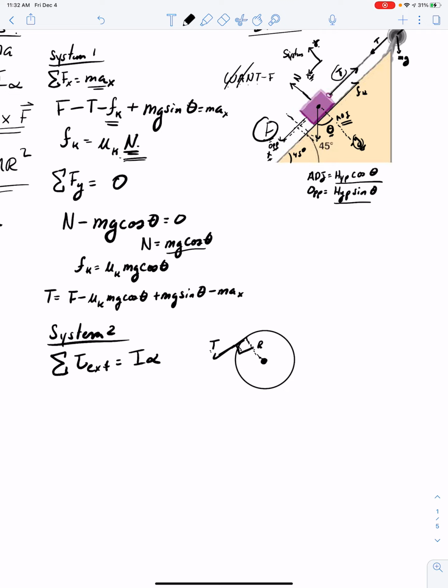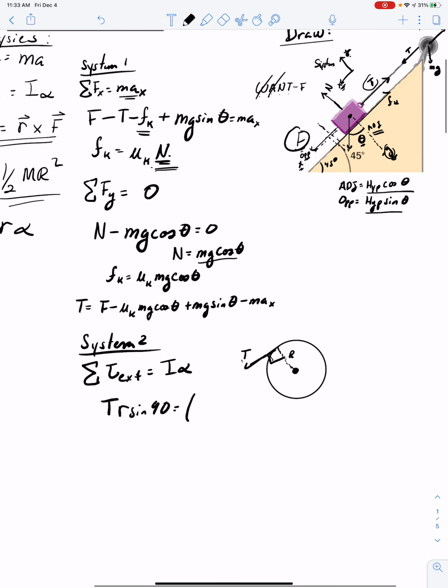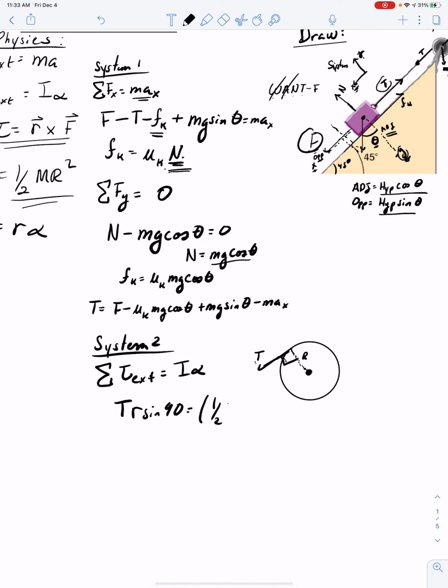So we write down T, tension, R, sine of 90, is equal to the moment of inertia of the disk. We can check that the moment of inertia of the disk is 1/2 mass r squared, found in your PRC.